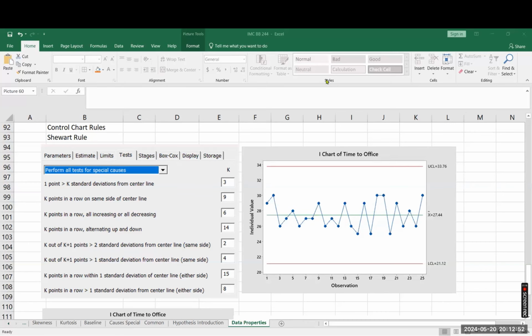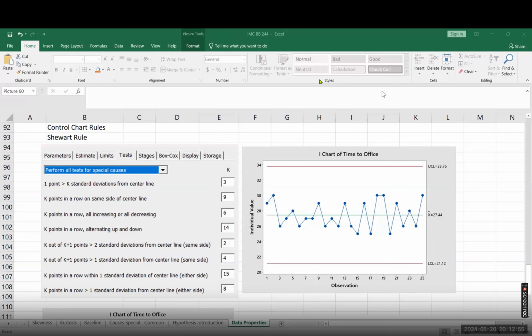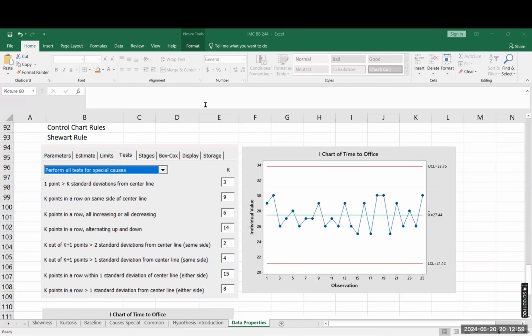That's a special cause of variation. And whenever there is a special cause of variation, we must investigate and fix it. This is what we do.